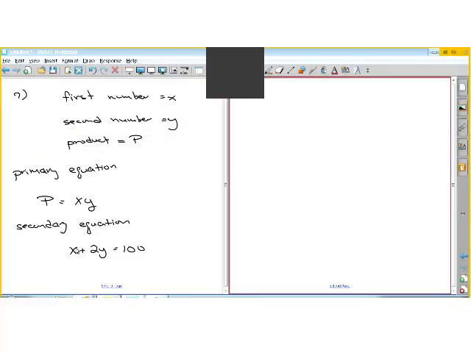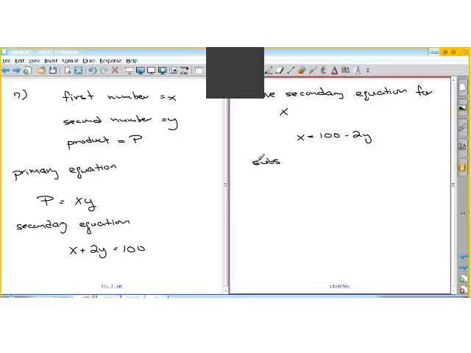So we need to solve this secondary equation for either x or y. And since we have 2y, it's probably easier to just solve for x. So solve the secondary equation for, in this case, x. Could be either x or y. So you get x is equal to 100 minus 2y.